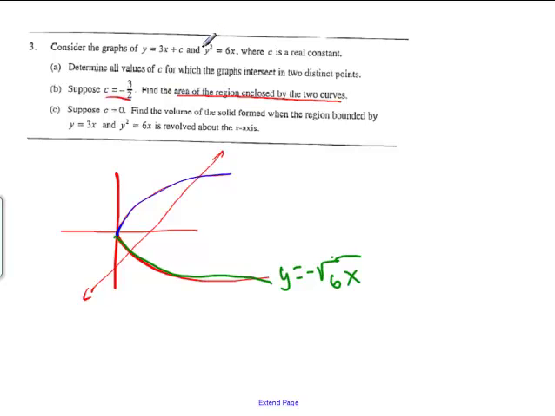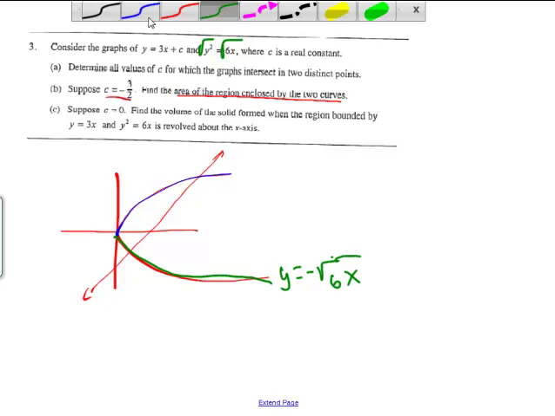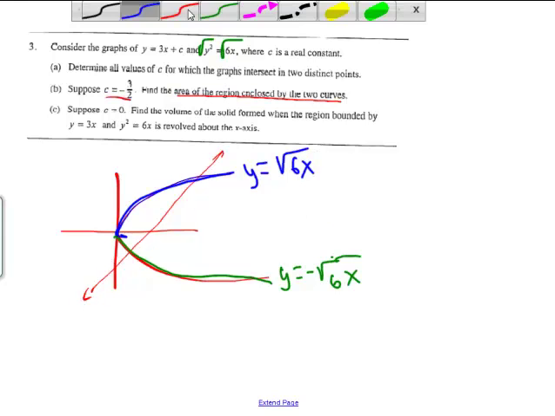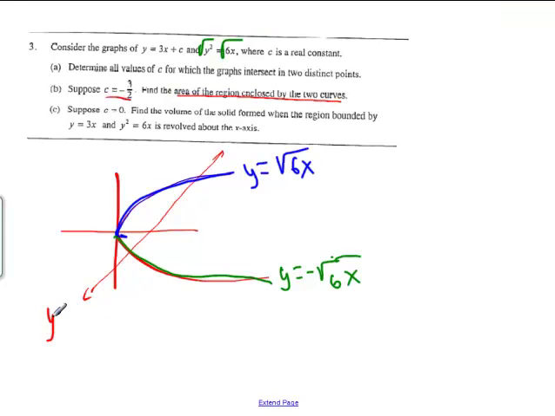I'm just solving this equation, square rooting both sides, and we get a plus or minus. And here's the minus version. And up here, this is y equals root 6x. And then I've got my line y equals 3x minus 3 halves.